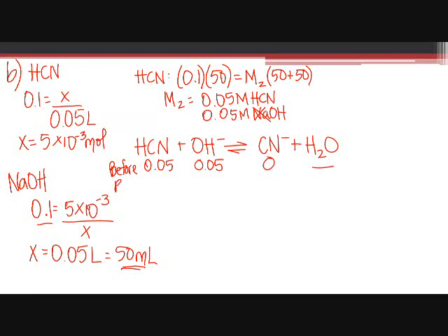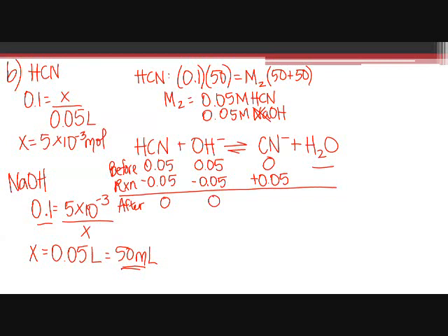So it just so happens that for our reaction, the acid and the base are going to both be used up. So we can subtract away the 0.05 for both of them. But then we'll add that 0.05 to the conjugate base. So then after we're done, we have 0 concentrations of the acid or the hydroxide, but we've got 0.05 molar of the CN minus.